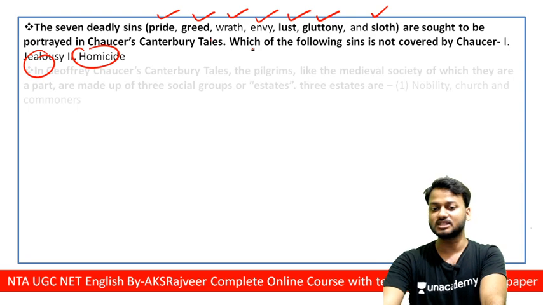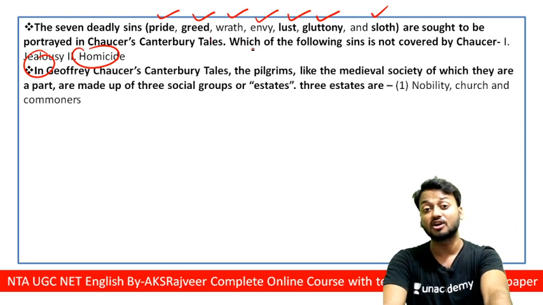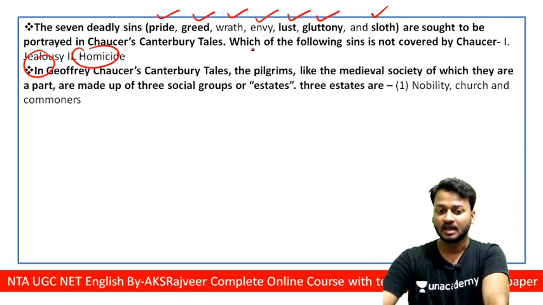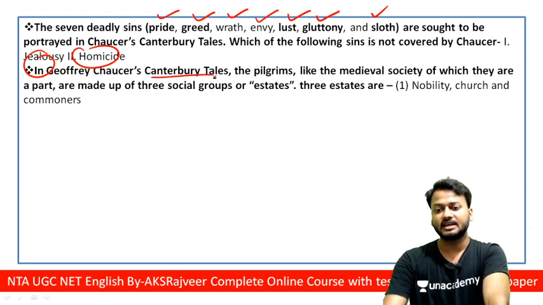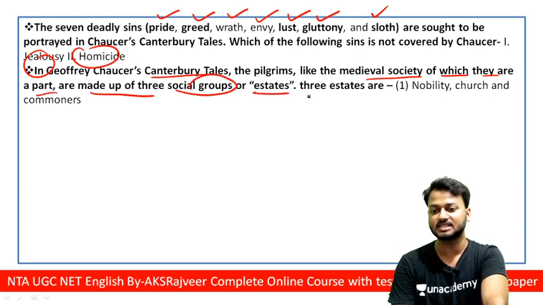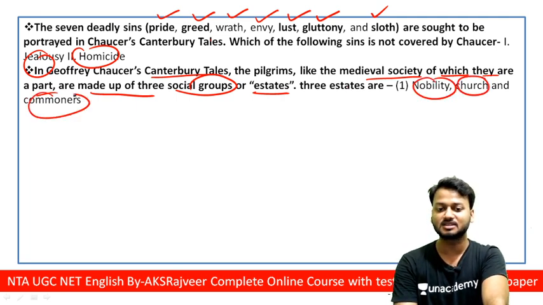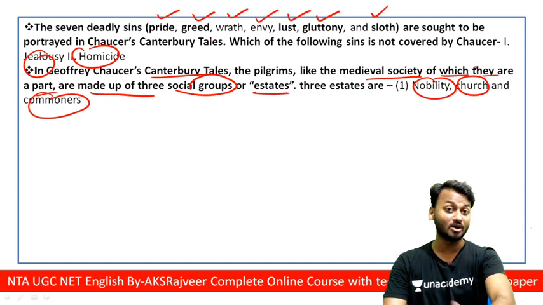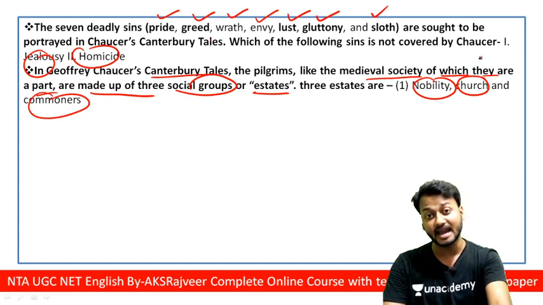See the next one. This question was part of your UGC NET exam. In the Canterbury Tales, the pilgrims, like the medieval society of which they are a part, are made up of three social groups or estates: nobility, church, and commoners. On nobility, I have already told you: king, queen, barons, and knights.